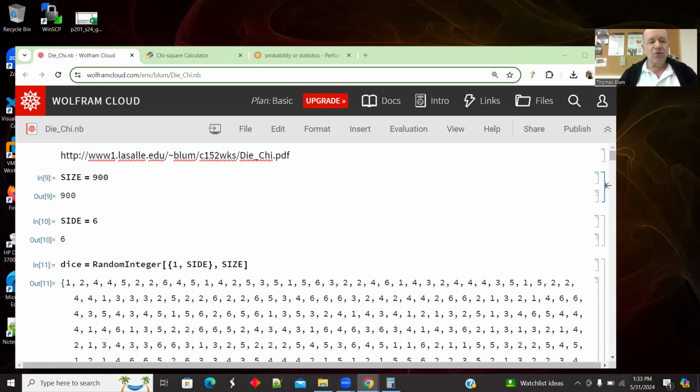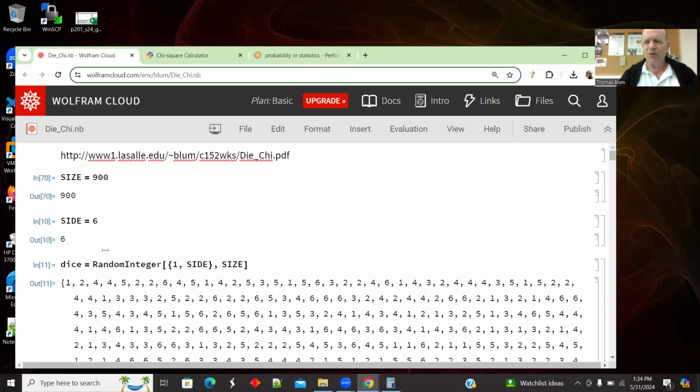Okay. So I start off with a simple simulation of dice, and I made the number of times I'm going to roll the die, size, and the number of sides of the die, side, so that I can change that and see its effect. There was 900, and I chose 900.